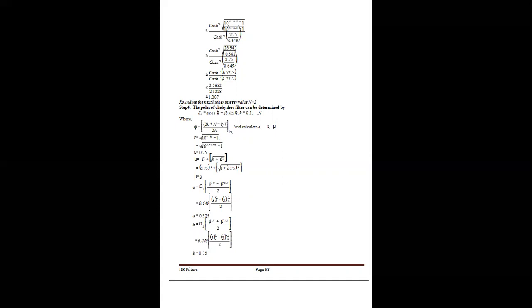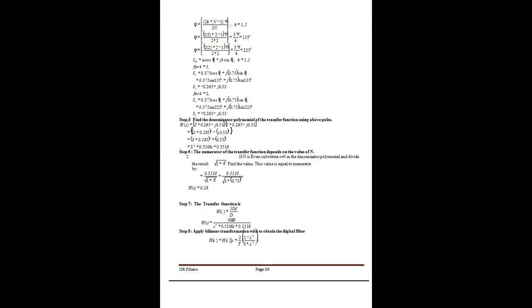Similarly, the value of B is equivalent to 0.75, replacing the formula with the minus changed into plus. Okay, so all the factors A, B, phi, everything has been found. Now we have to find the value of phi k, for k equivalent to 1 and k equivalent to 2. We obtain 135 and 225 degrees.